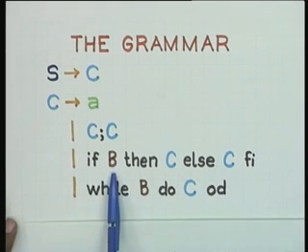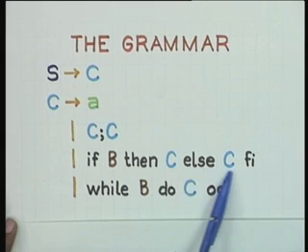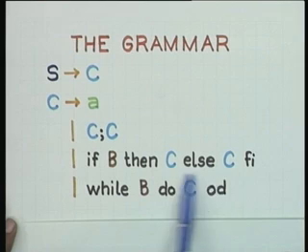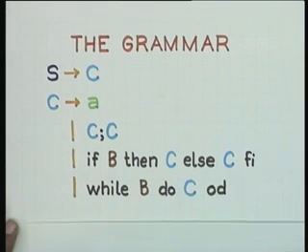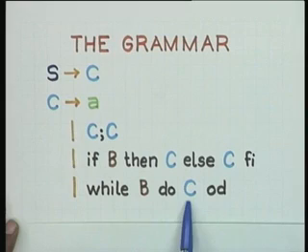So, the sequence of 2 commands is a command in itself, and if B is a Boolean expression, then this conditional compound command might contain some compound commands inside it, and this while do command contains a Boolean expression and possibly a compound command inside it.